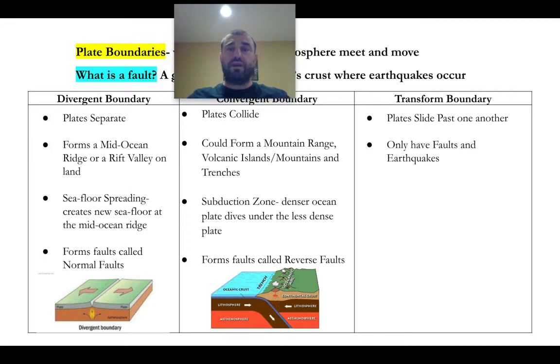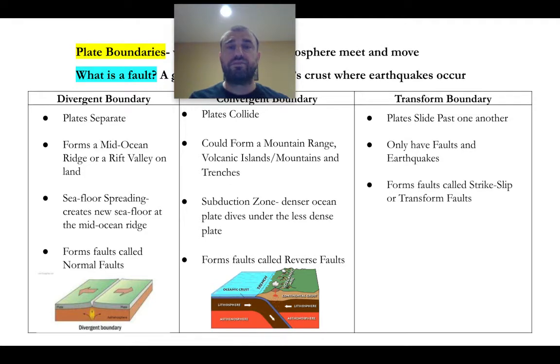Or if they separate, it leaves a hole for water to flood. But if they're just sliding past, there's no vertical motion. It's just side to side motion. So all you have is shaking. So in a transform boundary, you only have faults and earthquakes.